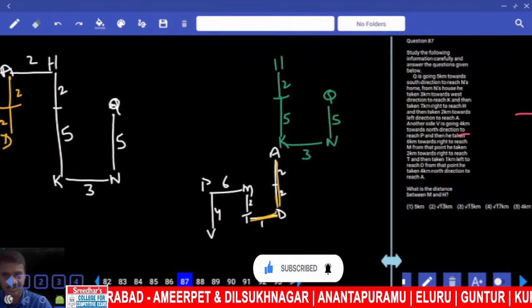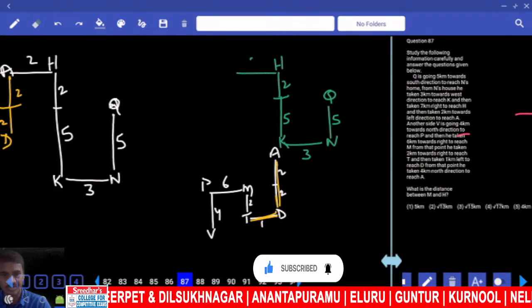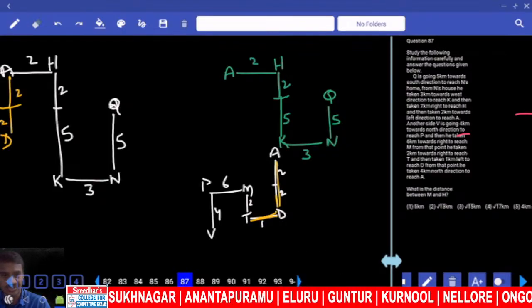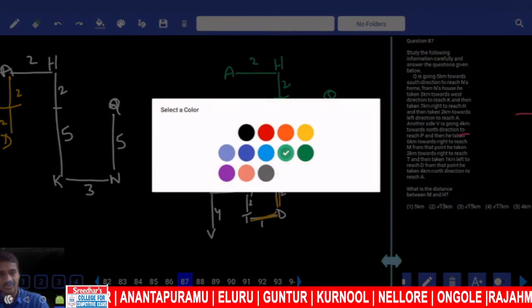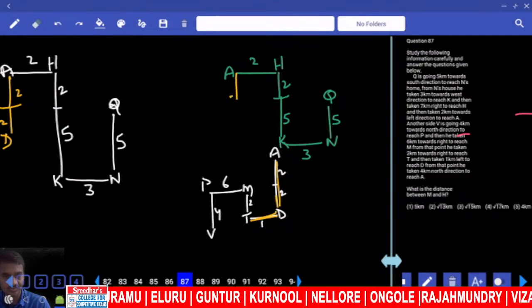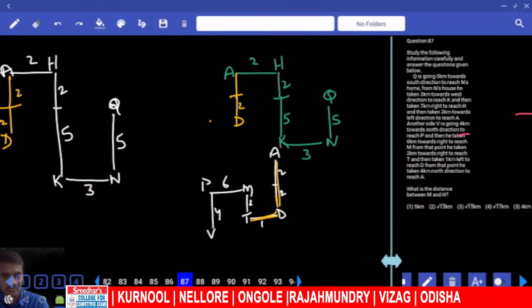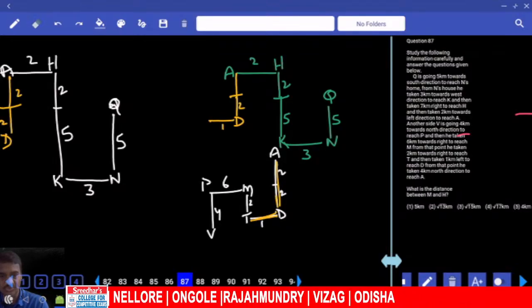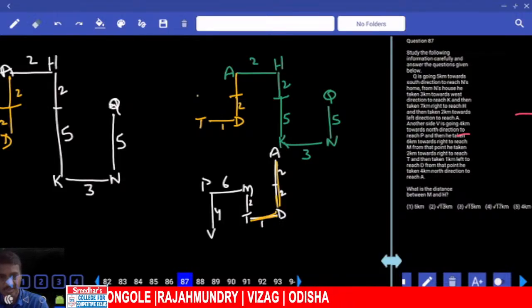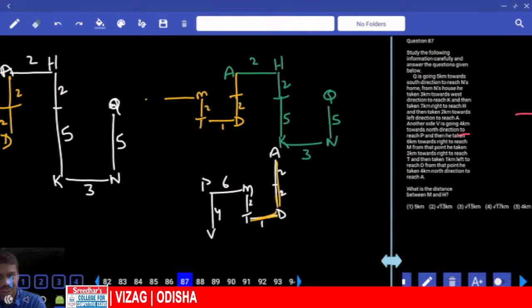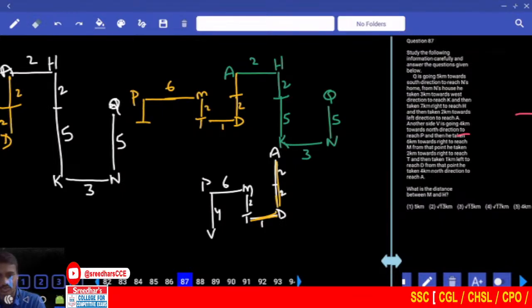H. And from H left hand side how many meters? 2 meters to reach A. From here south, this is 2 and the 2 meters to reach point D. From point D 1 meter left hand side to reach T. From T again north 2 meters to M. From M 6 meters towards west, that is P. From P 4 meters, now this is 2 and 2 more meters to reach point B. Done?